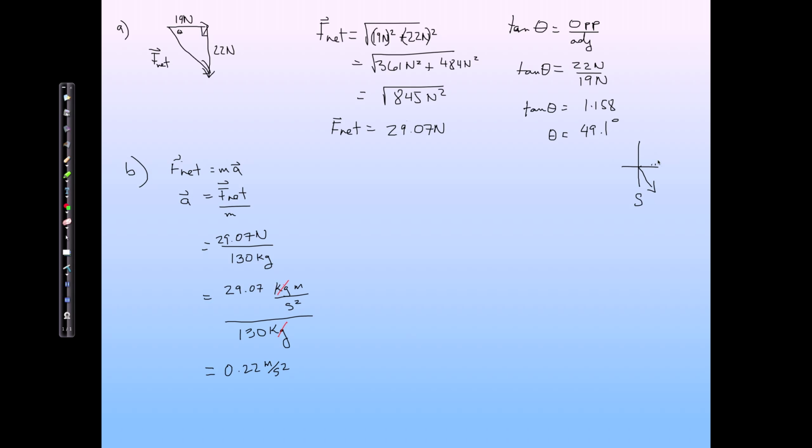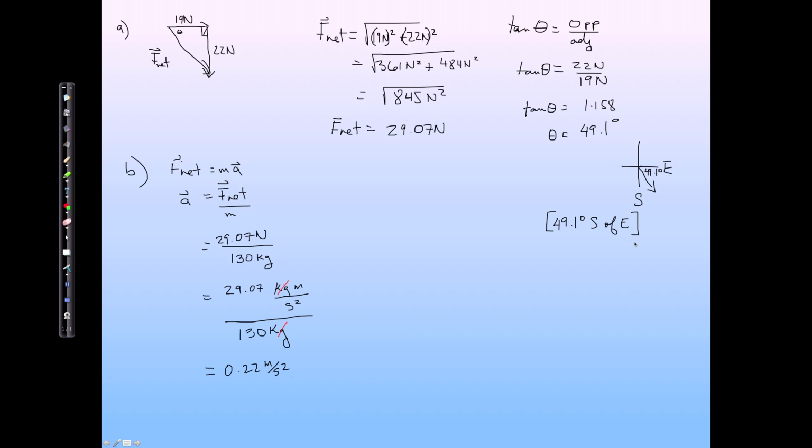Given that this is 49.1 degrees, and here's east and here's south, I'll give the direction as 49.1 degrees south of east.